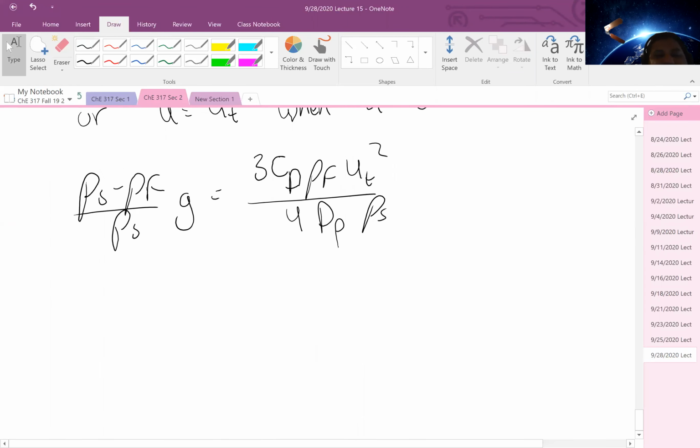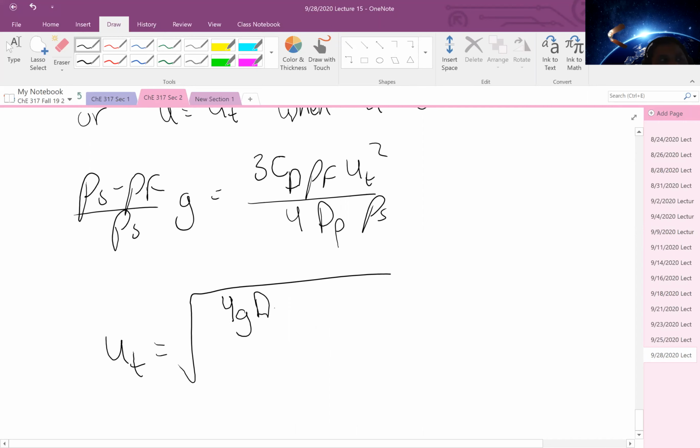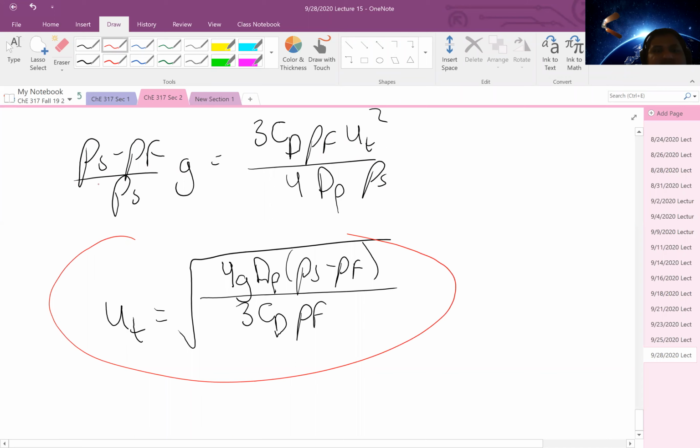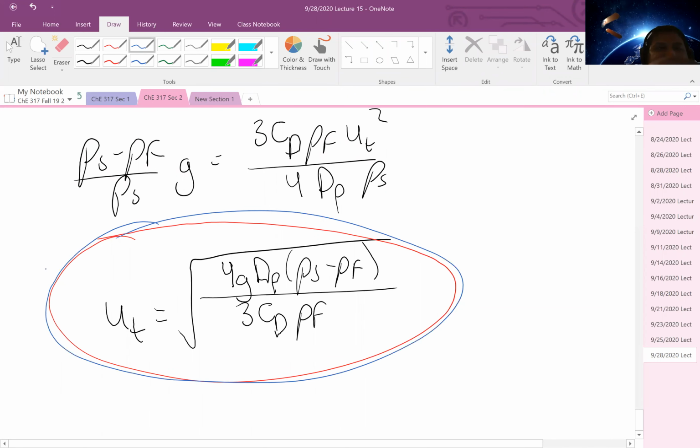If I rearrange everything and solve for the terminal velocity, I find the terminal velocity is equal to the square root of 4 times gravity times the diameter of the particle times (rho_s minus rho_f), divided by 3 times C_D times rho_f. And this gives us our terminal velocity expression.